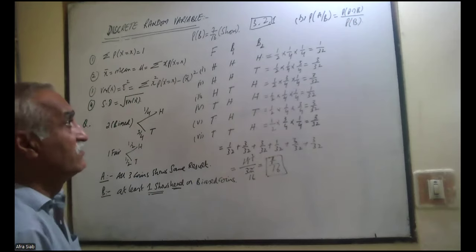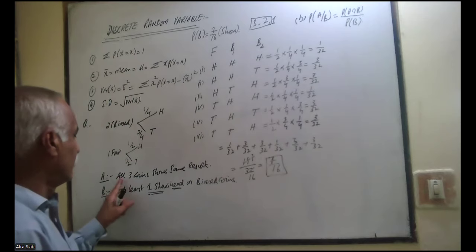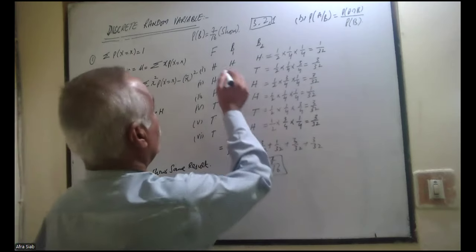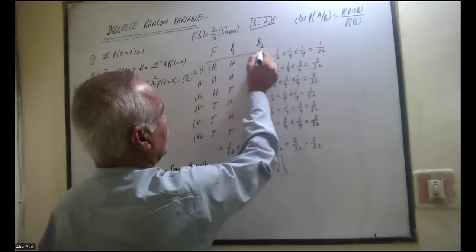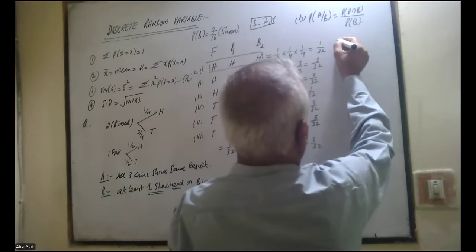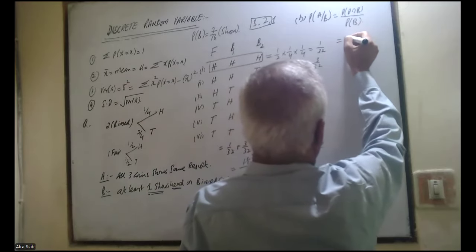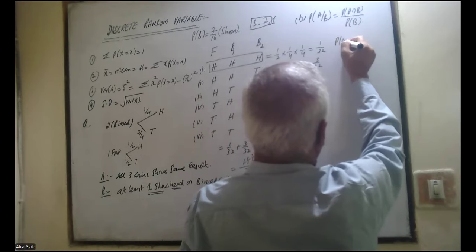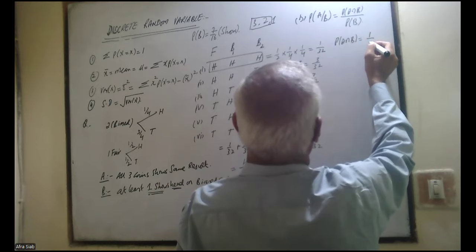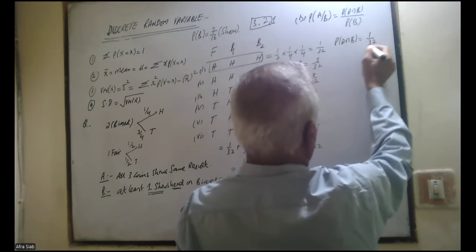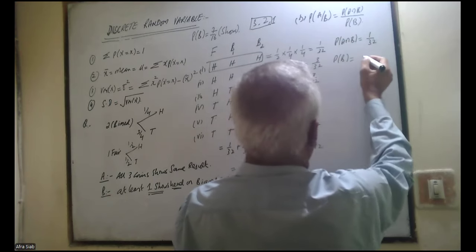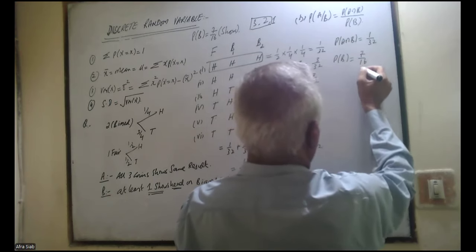And A intersection B, that means what? A is where all show the same outcome. So it should be only this first part that is the event for A. So the probability of A intersection B is equal to 1 over 32. And the probability of B, we have already calculated, is equal to 7 over 16.